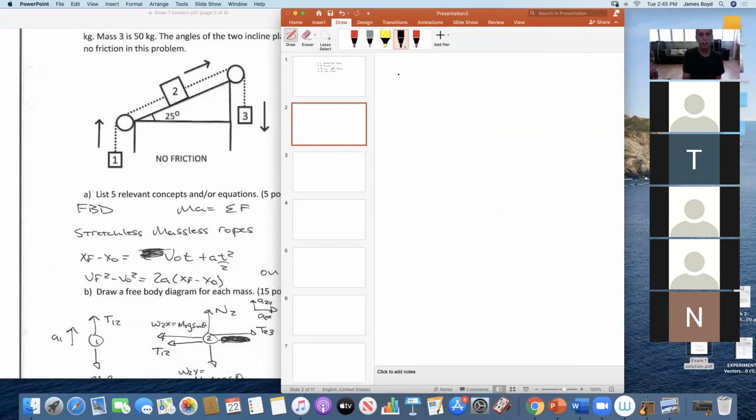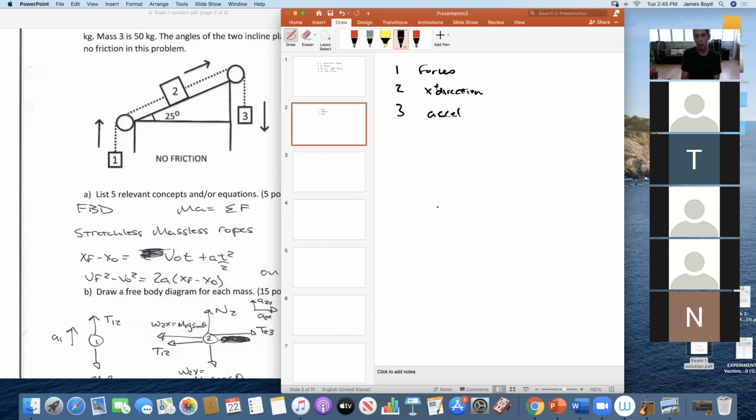It has to have the forces, it has to have the x positive direction, and it has to have the acceleration, which is usually in the same direction. But the forces are only on each body. Each one, mass 1, 2, 3, gets their own free body diagram.